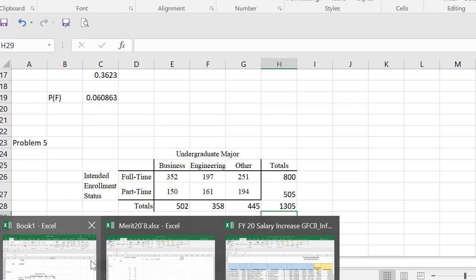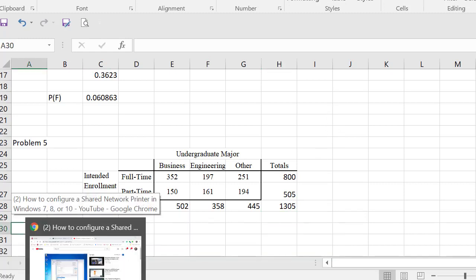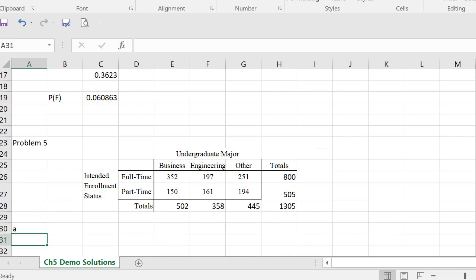So part A asks me for a joint probability table. So the joint probability table is nothing more than taking this grand total here and dividing it into each of these numbers that are right here. So what is business full-time, engineering full-time, other full-time, and then the same for part-time.